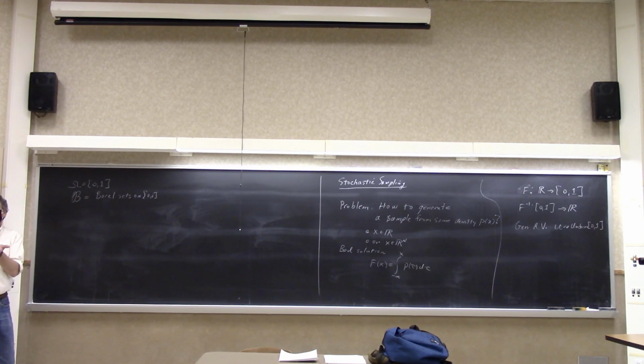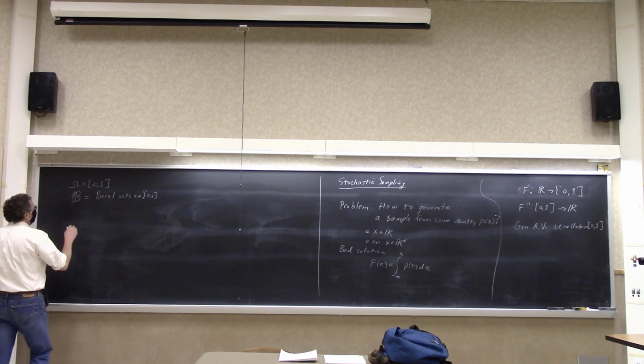You trust me, right? What you do is you take all open intervals, or all closed intervals, it doesn't really matter. Say open, and you take the complement of all those intervals, and you take the finite union and intersection of all those sets, and that's the Borel sets.